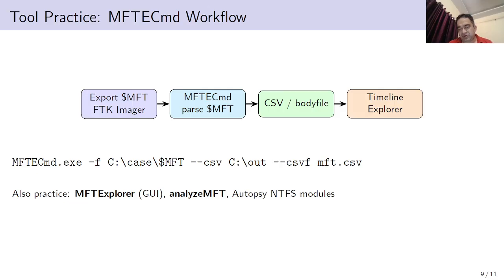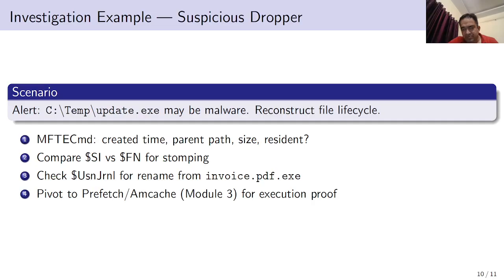It is also important to mention MFT Explorer for GUI exploration and AnalyzeMFT or similar tools as alternatives. For example, filter the CSV for the Temp folder and sort Created descending to find the newest dropped binary. We will soon do hands-on practice with this as well.